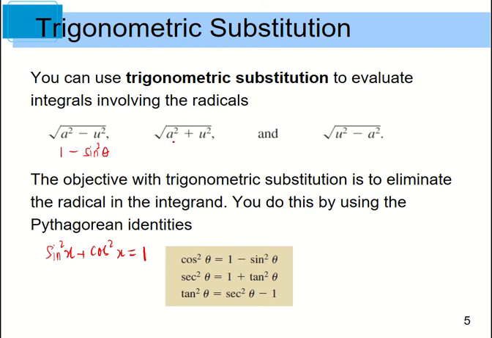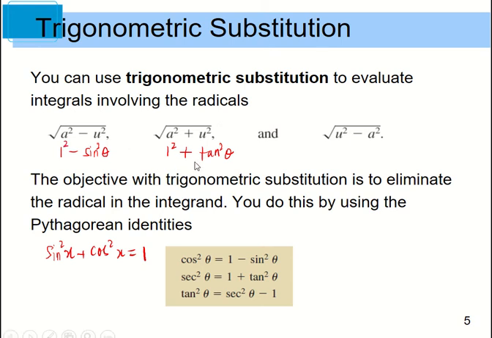The second one, a square plus u square, is the same pattern as 1 plus tangent square theta, where 1 can be written as 1 square.